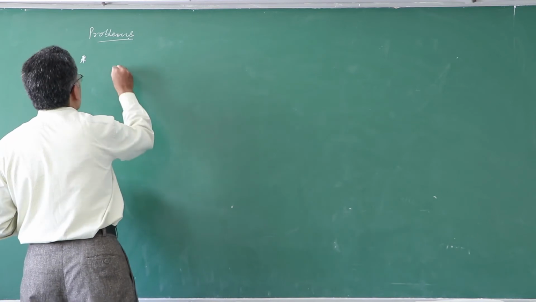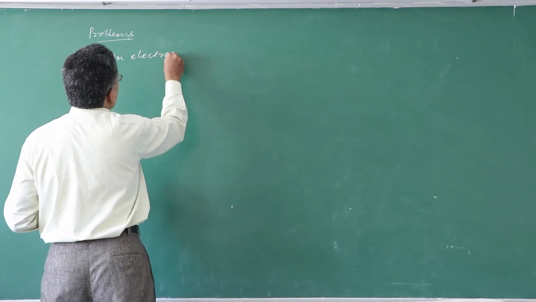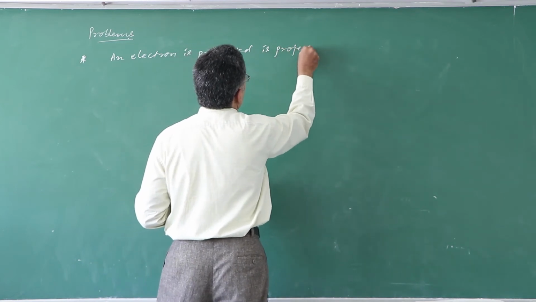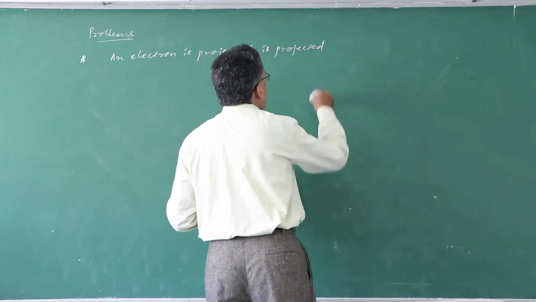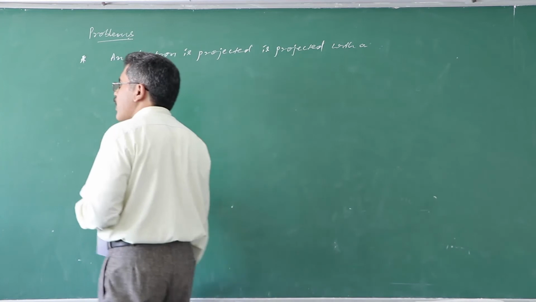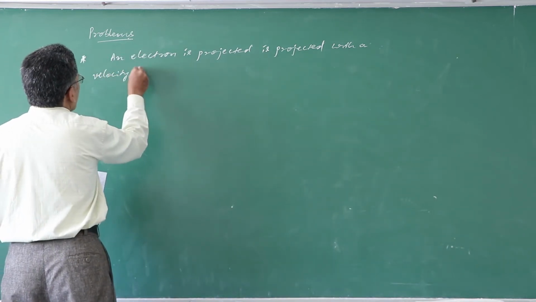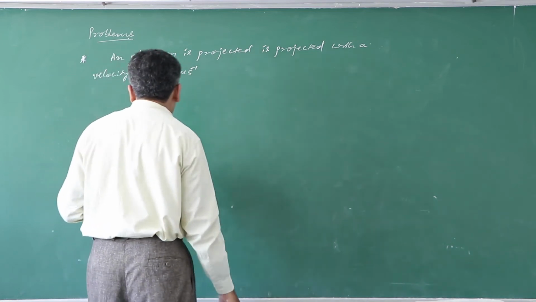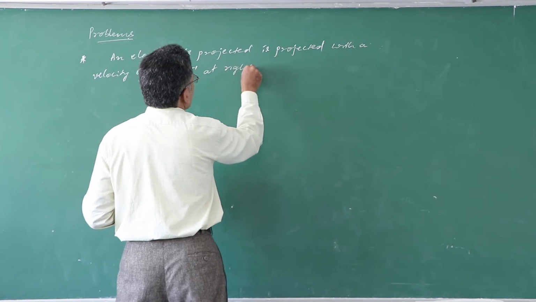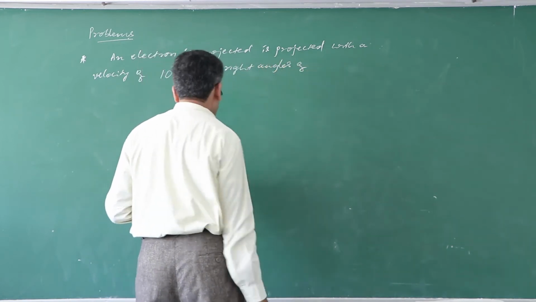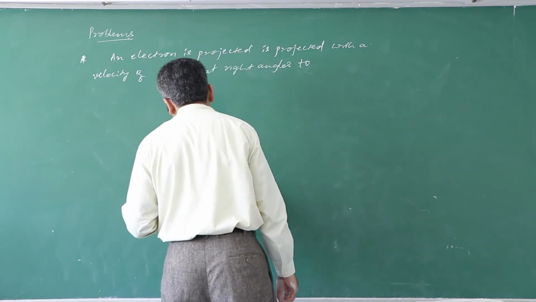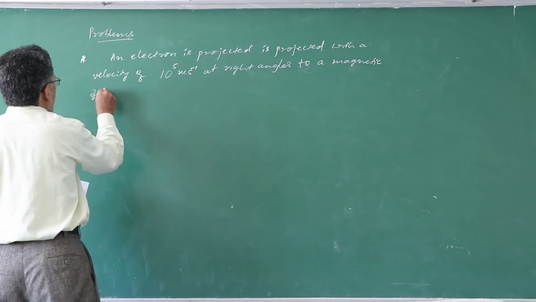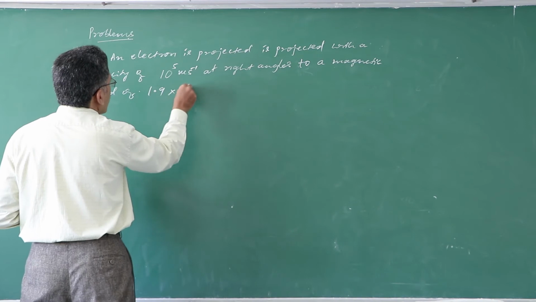An electron is projected with a velocity of 10 raised to 5 meter per second at right angles to a magnetic field of 1.9 into 10 raised to minus 6 Tesla.